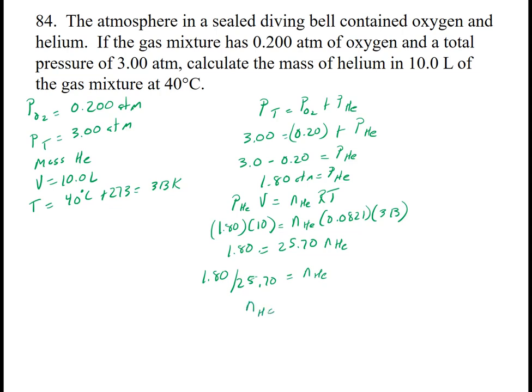So N of helium is equal to 1.089. Again, the molar mass of helium is 4.0 grams per mole. So the mass is equal to 1.089 times 4.0, which gives me the 4.36 grams of helium. And actually the moles of helium here is the same as from the previous way of doing this, if you go back and look at your notes.